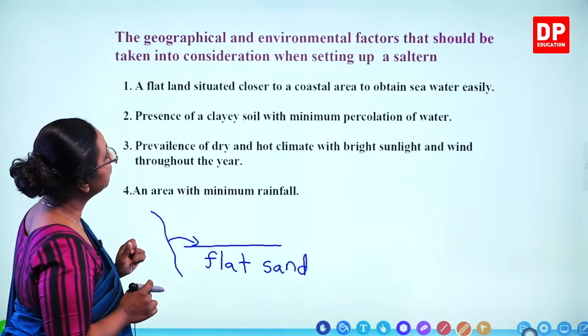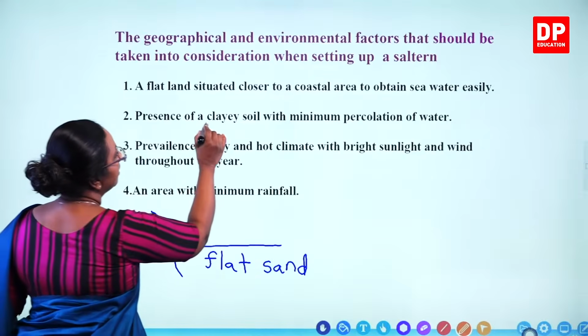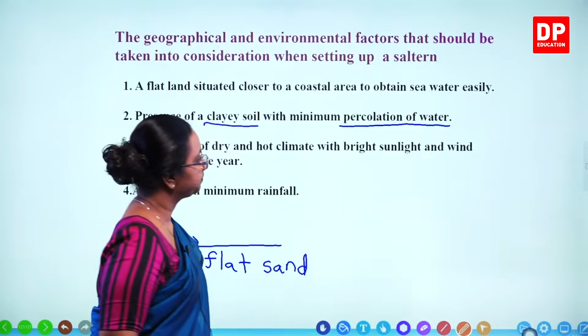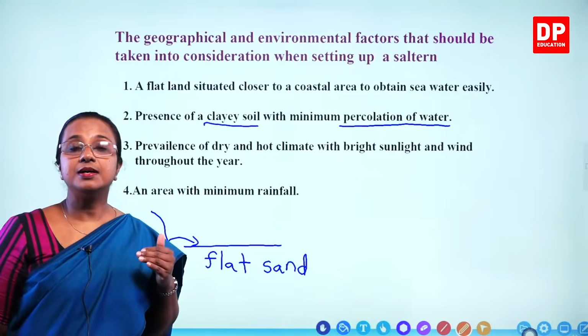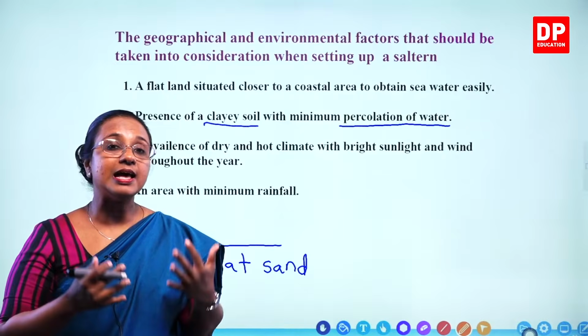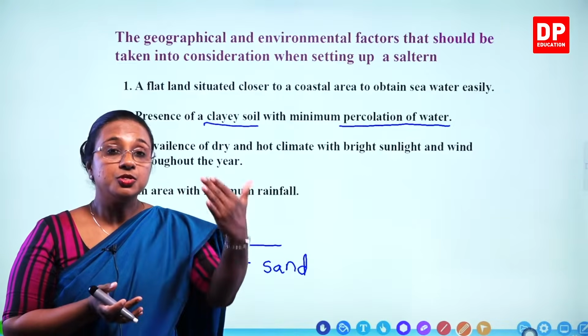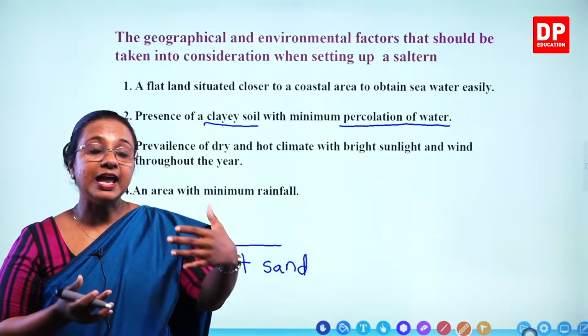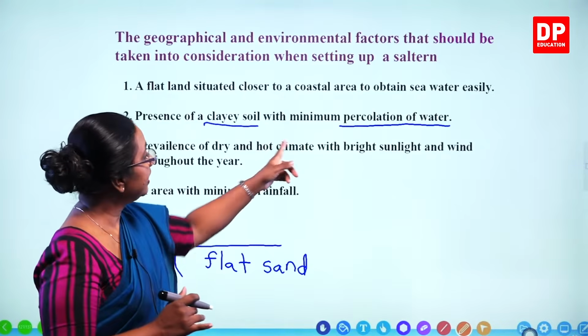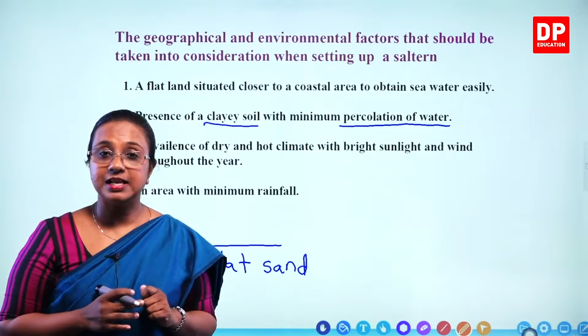And the presence of a clay soil with minimum percolation of water. When we say percolation, the clay soil has pores in it, through which the water can drain into the soil. That nature is known as percolation.